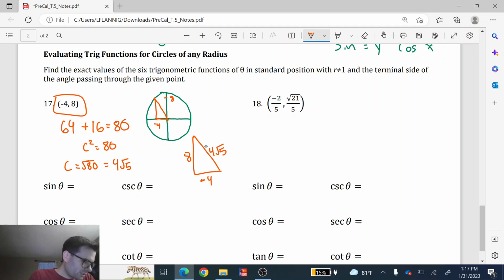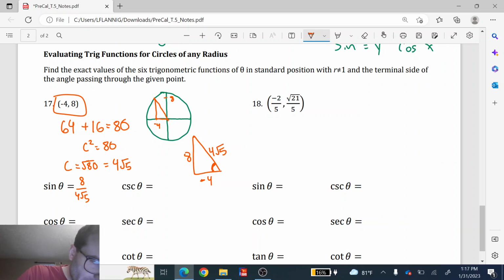And our goal is to figure out what the sine, cosine, and tangent, cosecant, secant, and cotangent are. Remember, sine is always opposite over hypotenuse, because we're always working at this angle right here. This is the angle we care about. So the opposite is 8 over 4 roots of 5, the hypotenuse.